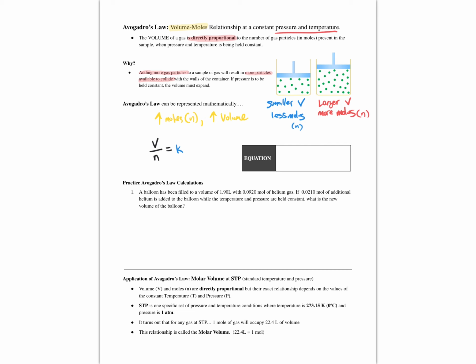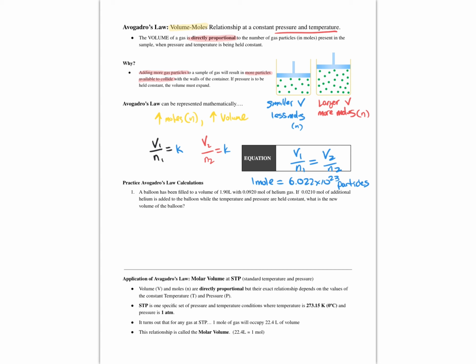And since the volume at time 1 divided by moles at time 1 is equal to that constant, and the volume at time 2 divided by the moles at time 2 is also equal to that constant, then we can set these two equal to each other, where volume at time 1 divided by the moles present at time 1 will be equal to the volume at time 2 divided by the moles present at time 2. And this is known as Avogadro's law, based off of the same person that came up with Avogadro's number, the number of particles in a mole of a substance, 6.02 times 10 to the 23rd.